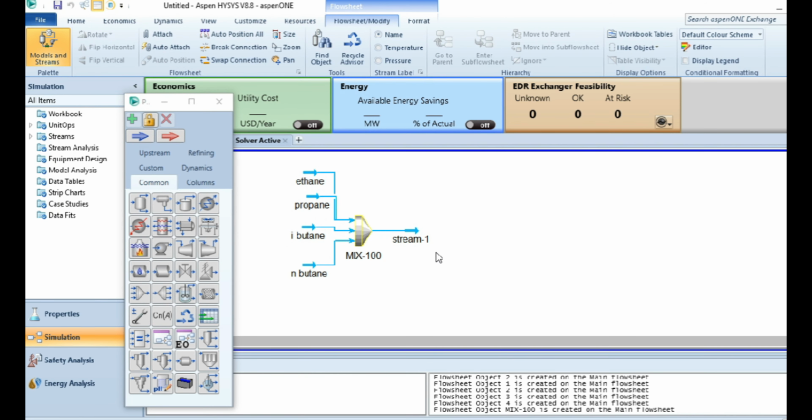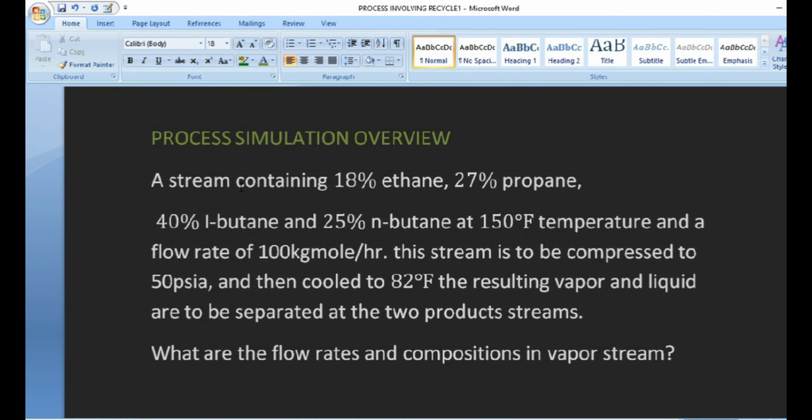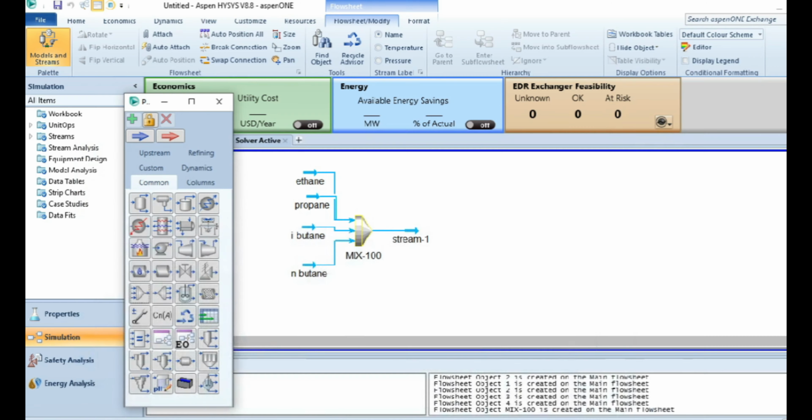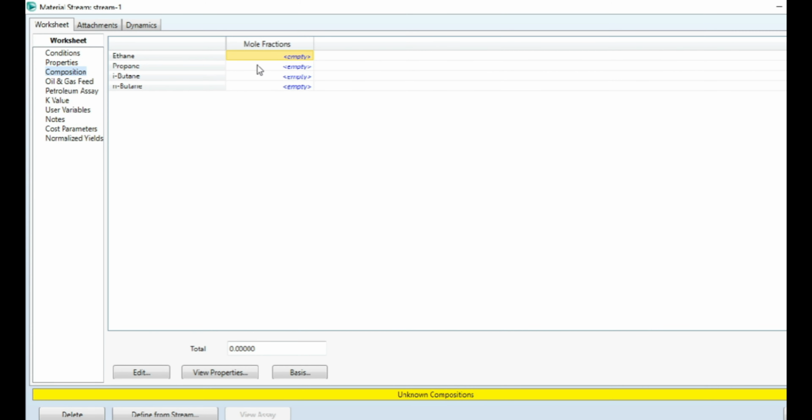Let's consult the question again. A stream containing 18% ethane, 27% propane, 40% i-butane and 25% n-butane. So let's insert our composition. For ethane I have 18%, that's 0.18.